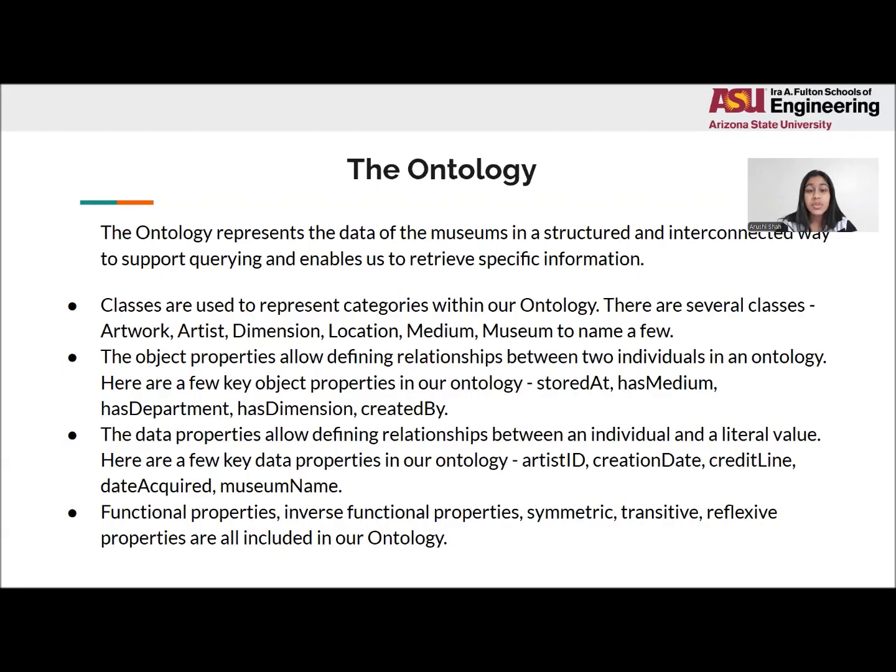Data properties store specific attributes such as the artist name or the creation date. Advanced features like functional and transitive properties enhance the ontology's depth. This structured representation enables meaningful data retrieval and insightful relationships across the data. Moving forward, Pradyum will be continuing the presentation.